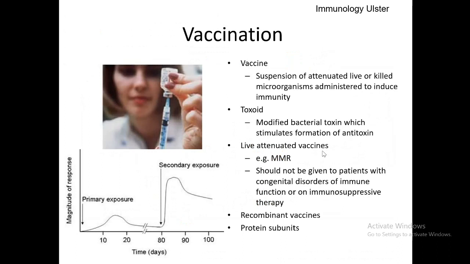Okay, so just to round things off then, just to introduce the concept of vaccination. This is, I suppose, the exploitation of adaptive immunity. It's the idea that we could give a suspension of attenuated live, so sort of weakened or killed microorganisms, through an injection.